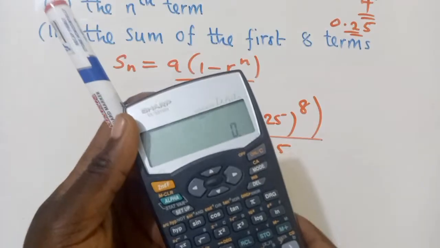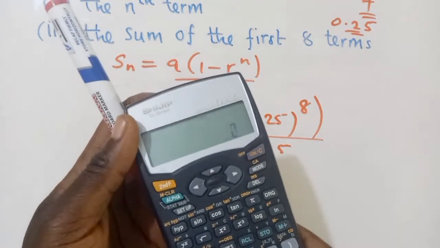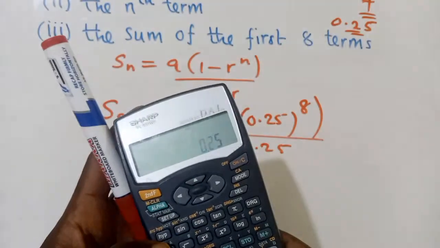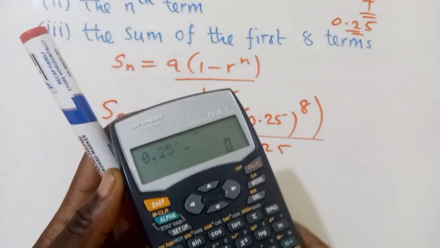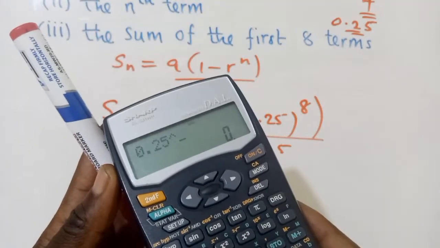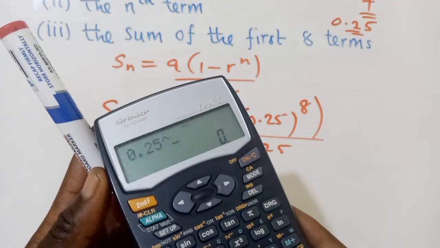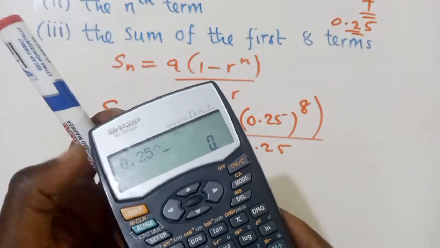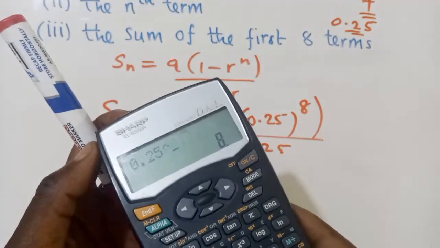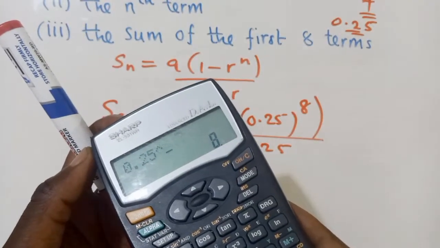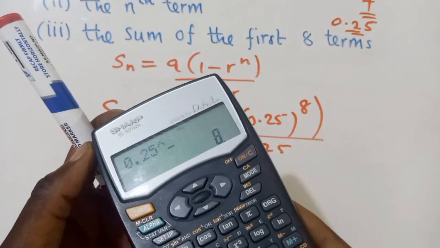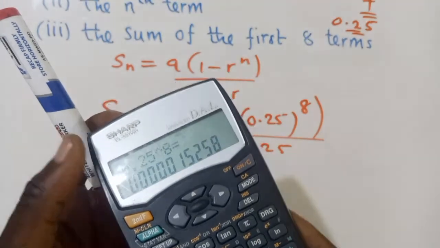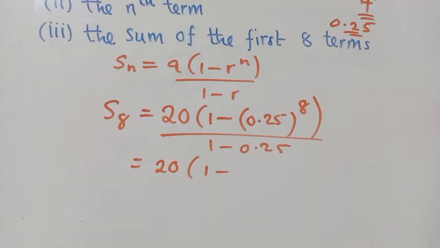You write 0.25, and then power. I'll show you how you write power. You see this, which looks like a V pointing downwards. You just check on your calculator where you're able to see this sign, power 8. There is a symbol in between, so you check on your calculator for that symbol, and then you press 8.